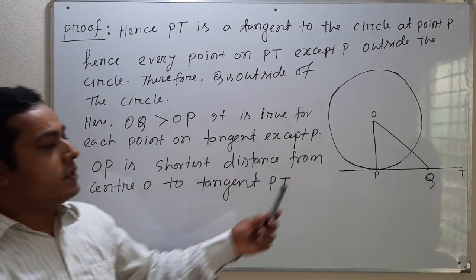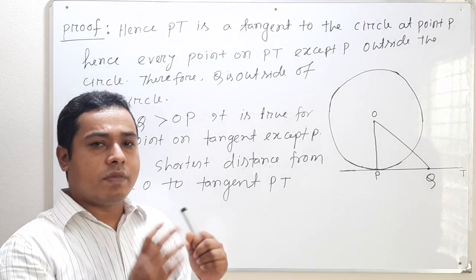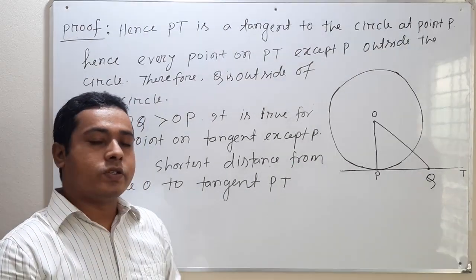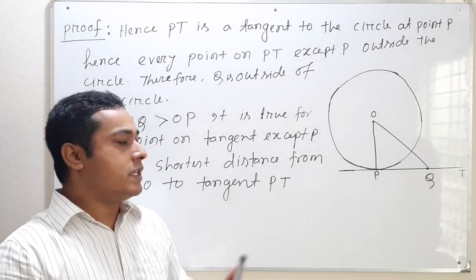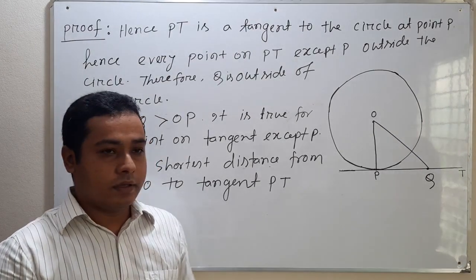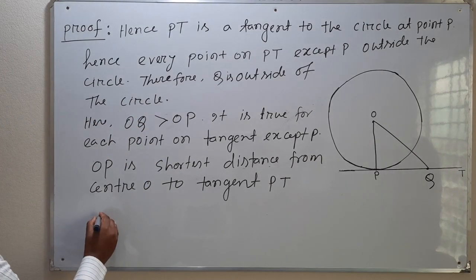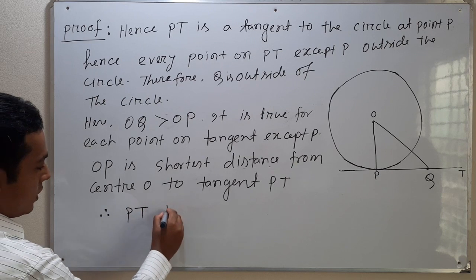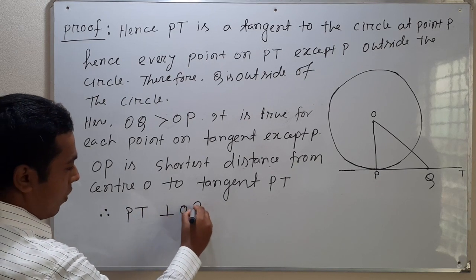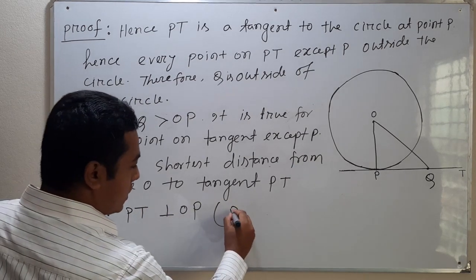So OP is the minimum distance from the center O. Each minimum or shortest distance is perpendicular to this line. So therefore PT is perpendicular to OP. This is what we proved.